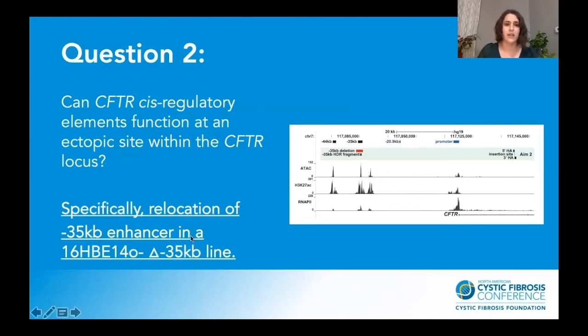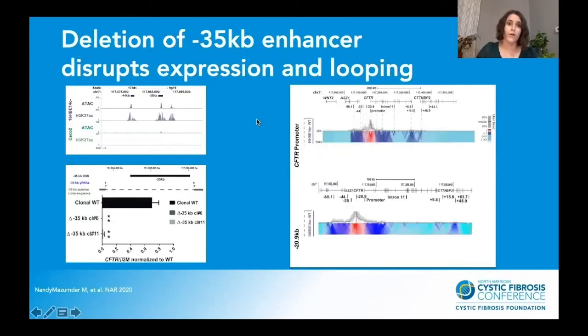Specifically, I'm talking about what happens when we move the minus 35 kb enhancer into a site in intron 1. These cells were first generated by taking advantage of a delta 35 deletion line that we have in the lab.